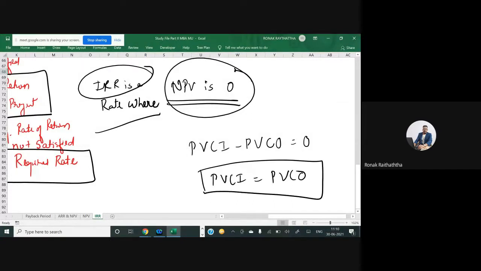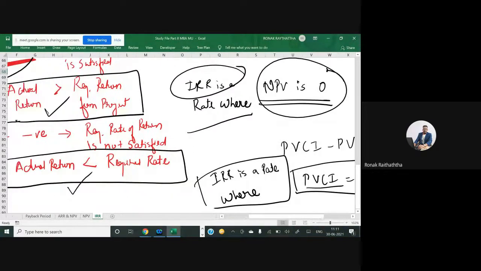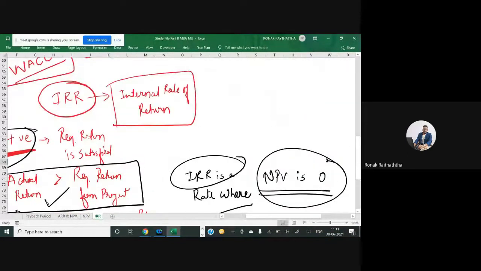So IRR is a rate where PVCI becomes equal to PVCO. That can also be concluded. Try to see, I am giving you hell lot of many interpretations of this IRR. IRR, in a very simple layman understanding, it's the actual rate of return.